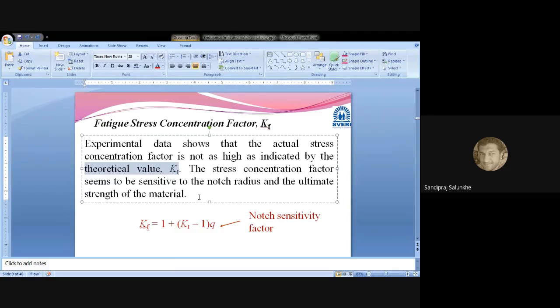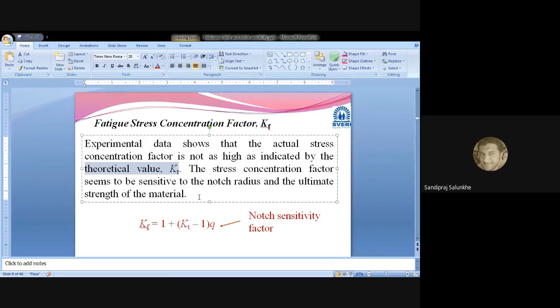Okay, so first of all, we'll see the value which we can use for converting the actual endurance limit to the design endurance limit, that is Se dash to Se.